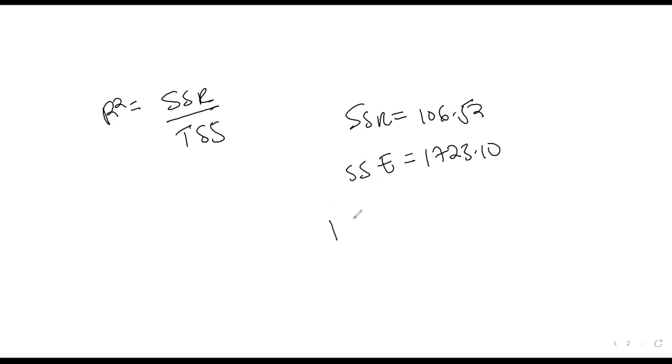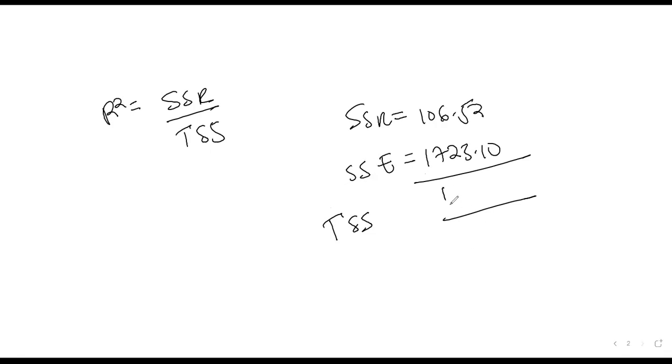So if you want to get the total sum of squared, you just add these two. Remember, total sum of squared is sum of squared regression plus sum of squared residual error. So it is 106.52 plus 1723.1.